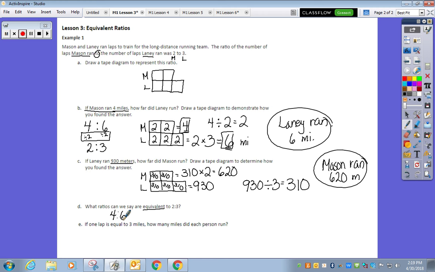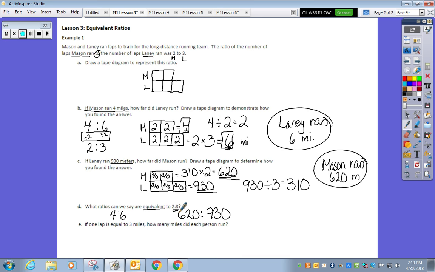Using the same idea, in part C, it's showing us a 2 to 3 ratio, but it's also showing us an equivalent ratio. And the equivalent ratio is by using what we're saying each bar is equal to. So another equivalent ratio would be 620 for Mason to 930 for Laney. Okay, and if we were to simplify 620 and 930, we would end up with 2 to 3.